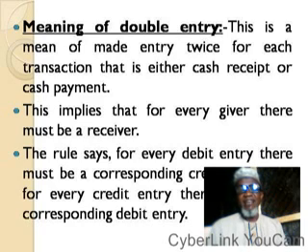You may be asked in the exam, what is the golden rule of double entry system? The golden rule says for every debit entry there must be a corresponding credit entry, and for every credit entry there must be a corresponding debit entry.